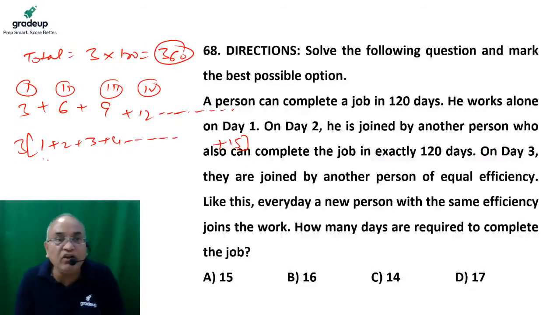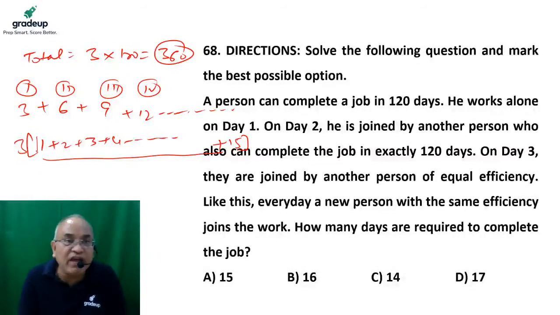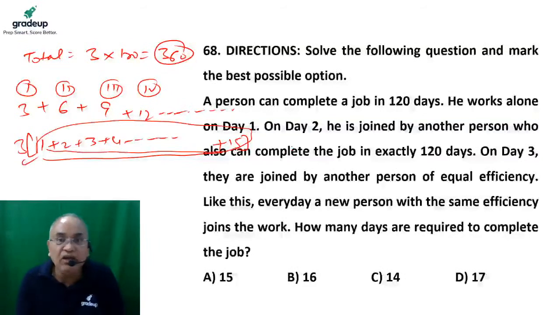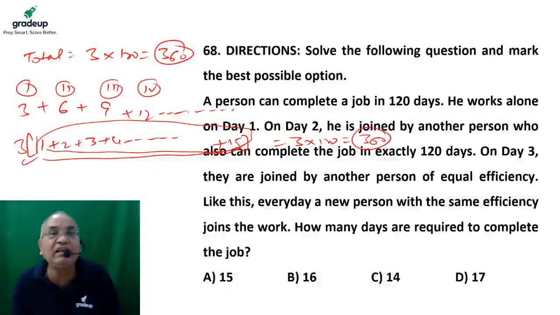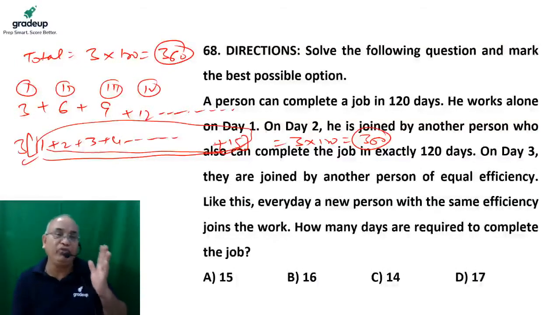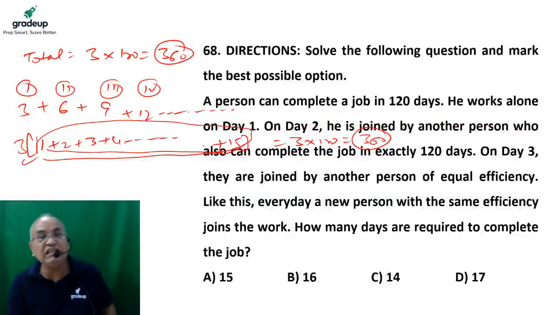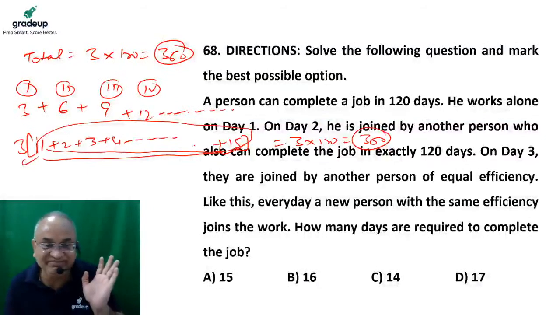The sum of this is nothing but 120. So 3 into 120, which is equal to 360 units of work, they have done in 15 days. So it doesn't matter whether you take 1 unit, 2 units, 3 units, or any number of units, the answer is never going to change.